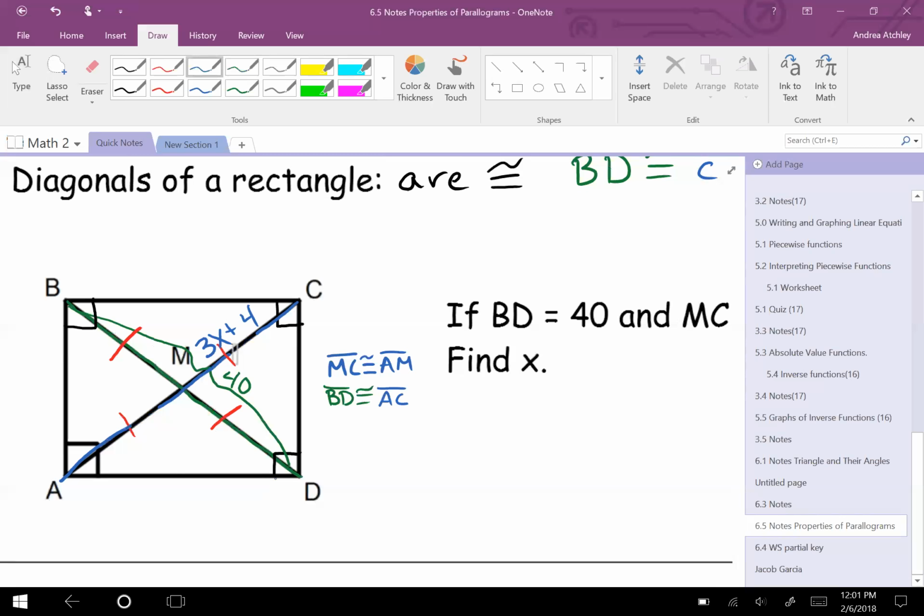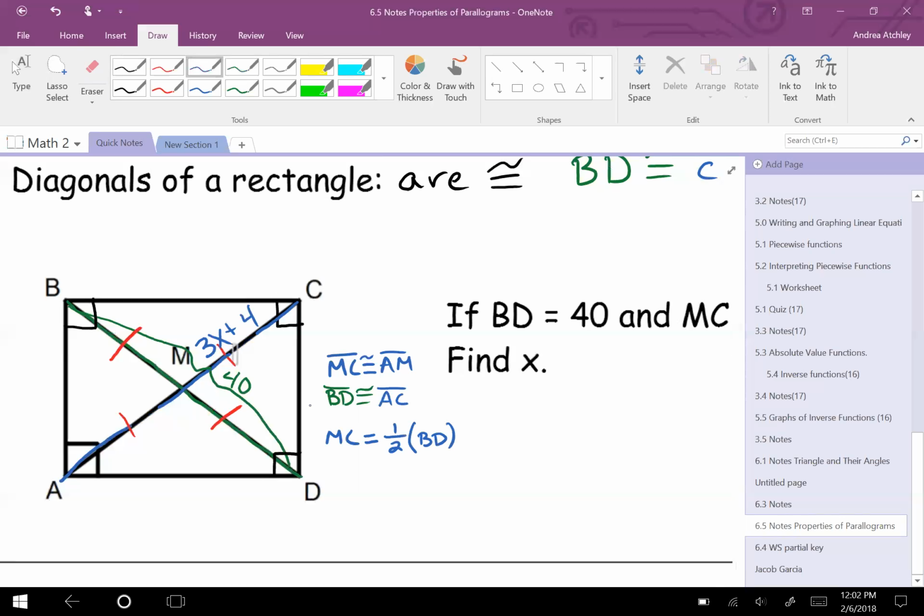So we can say that the measure of MC is equal to 1/2 the measure of BD, because it's just halfway across, right? And since BD and AC are congruent, MC is going to equal 1/2 of BD.